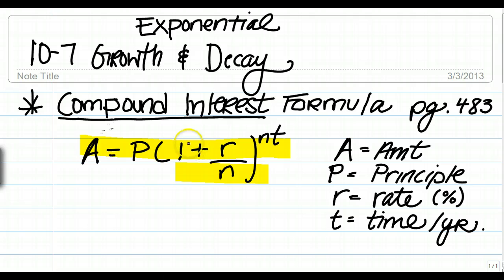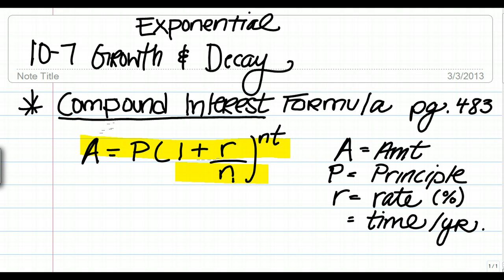You have 1 plus R, and R is your rate, and that's talking about your annual rate. So like, what's your interest rate? I'm sure you've heard of that before. That's how much percentage you're going to make on your money. N is the number of times per year, and I think I wrote it as T, but this is actually your N, times per year.